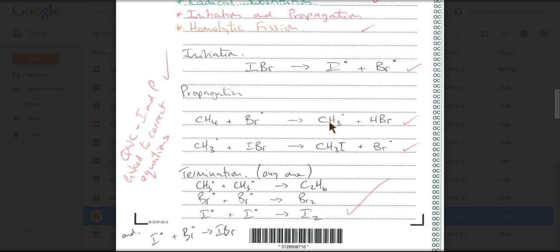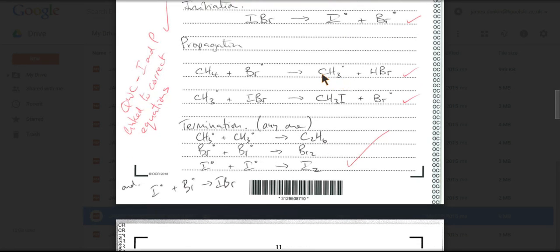That's going to form a methyl radical and an HBr molecule. So in propagation steps, remember, we've got a stable molecule with a radical forming a different radical and a different stable molecule. And I suppose we could go back to initiation with something similar, stable to 2 radicals. Just little ways to remember what's involved in the steps.